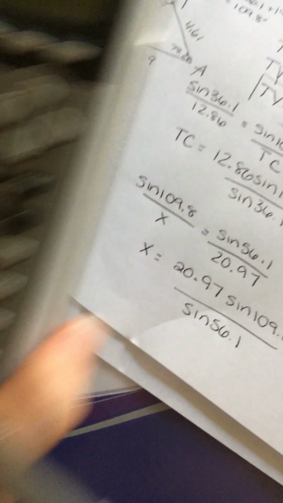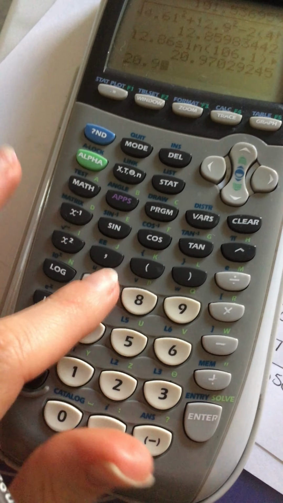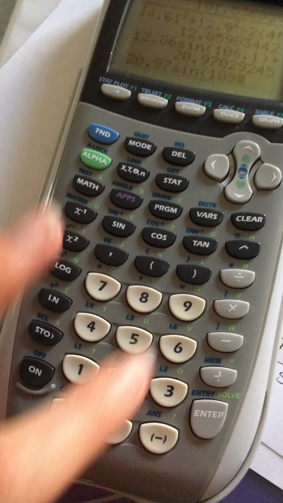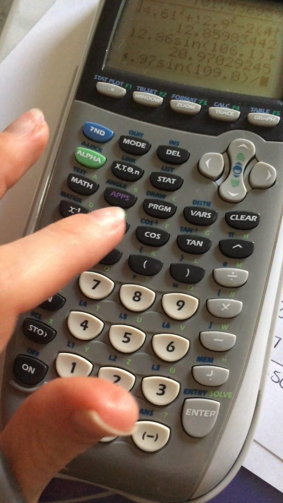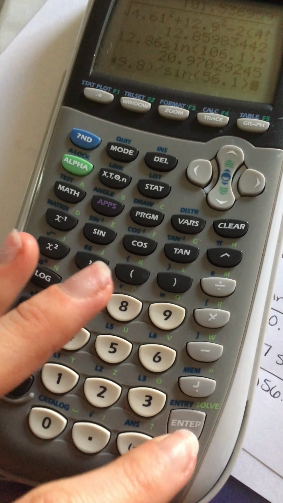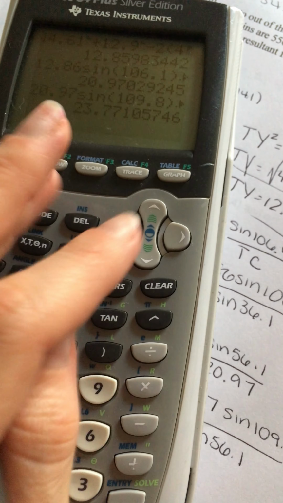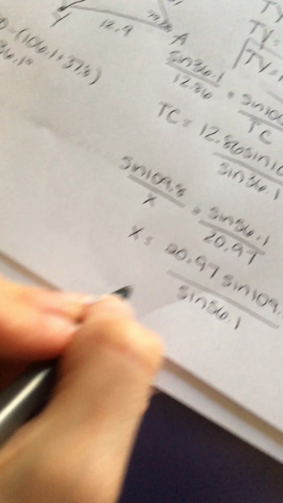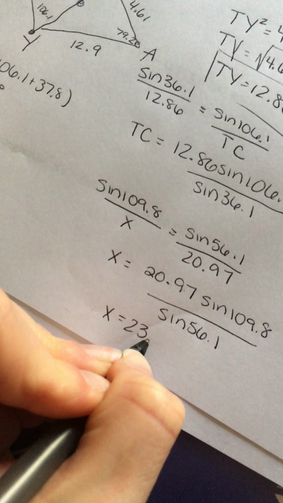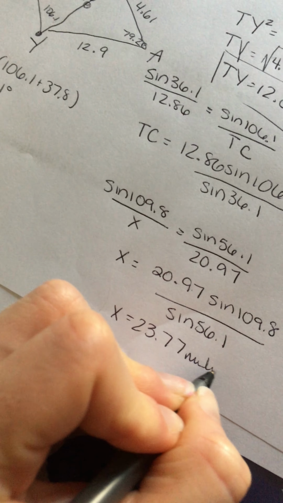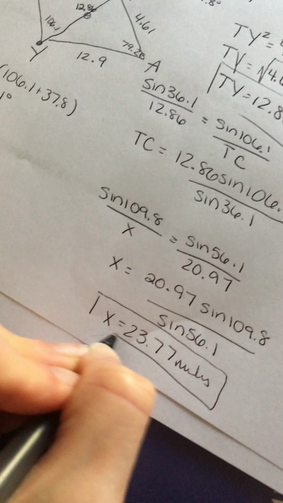Plug and chug: 20.97 sine of 109.8 divided by the sine of 56.1. That gives 23.77, and there is our answer.